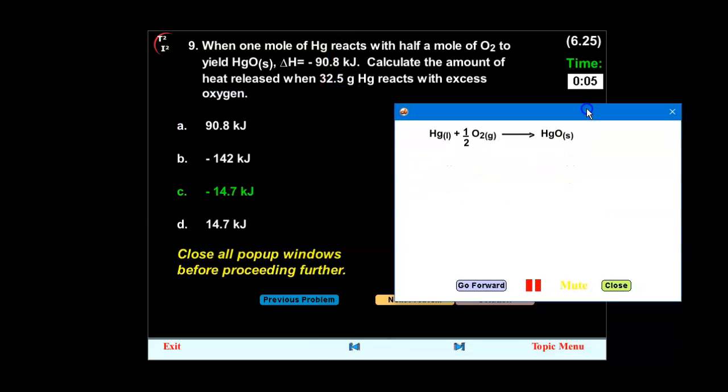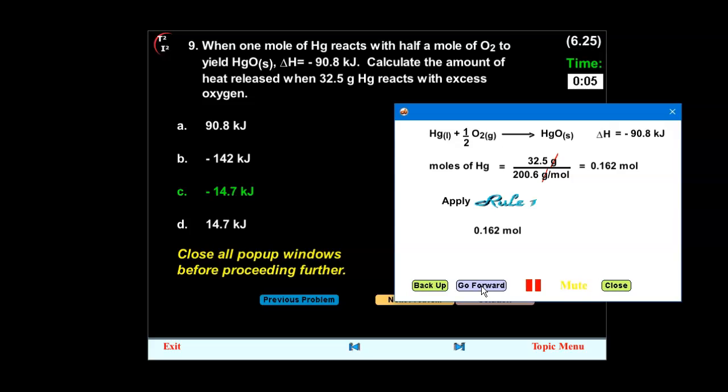Hg liquid plus 1/2 O2 gas gives HgO solid. Delta H equals negative 90.8 kilojoules. Moles of Hg equals 32.5 grams divided by 200.6 grams per mole equals 0.162 moles.